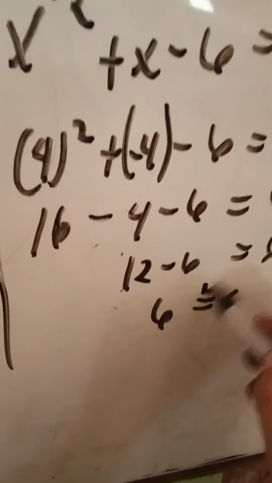So therefore, the solutions are 3 and negative 4. So that's how to solve using the zero factor property.